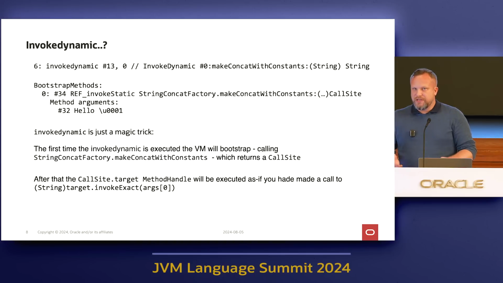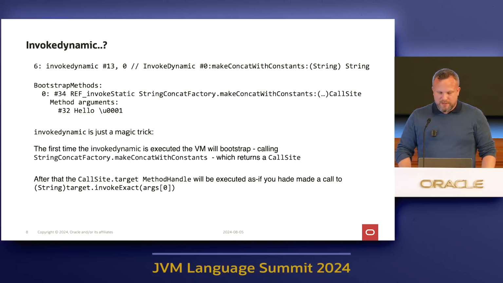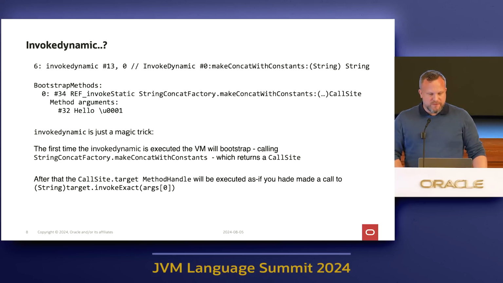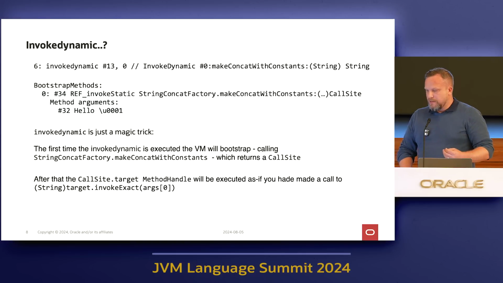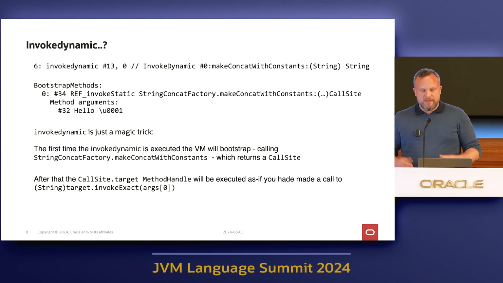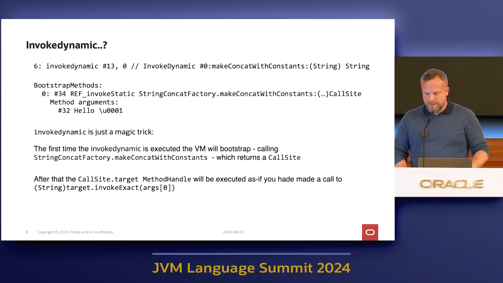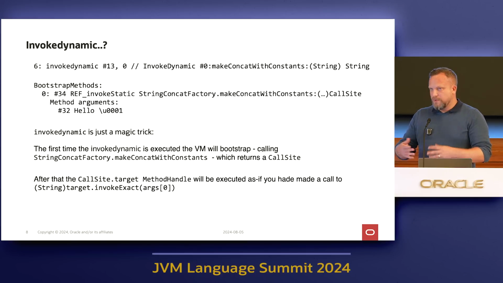I'm not sure how much detail I'm going to go into with invokedynamic and method handles, but let's do a quick rundown at least of what's going on when you see an invokedynamic. The first time it's seen and executed, it calls into the bootstrap method that is declared in the class file. In this case, you go into makeConcatWithConstants, and that will return a call site.